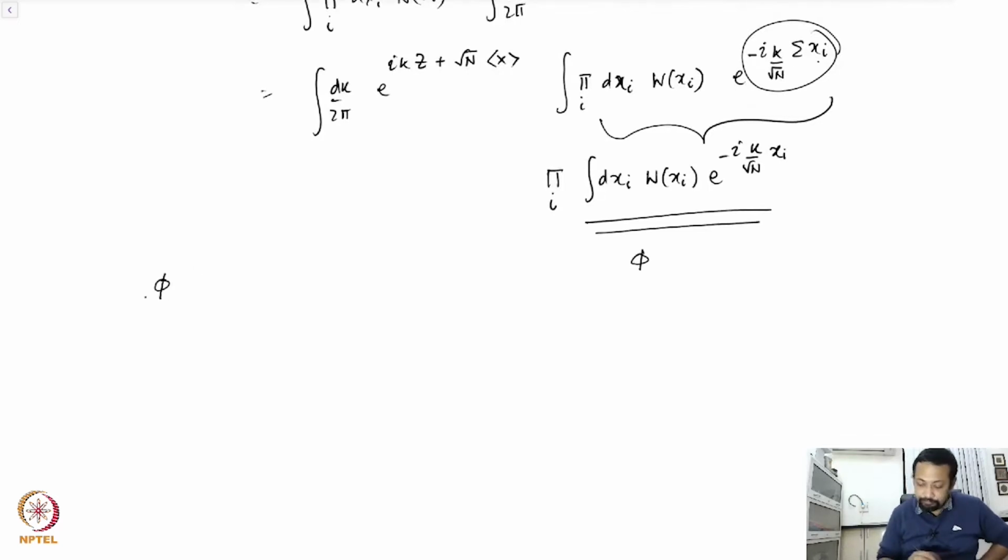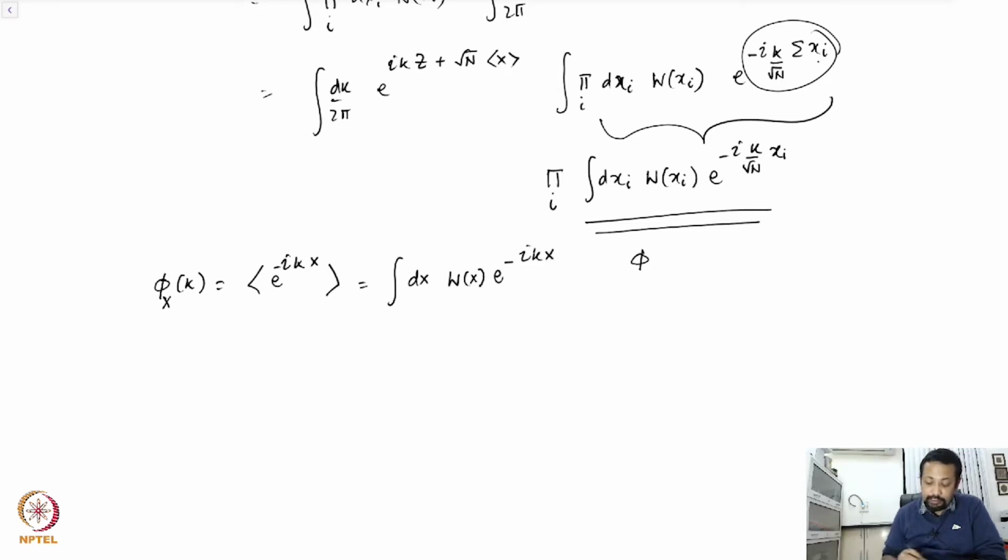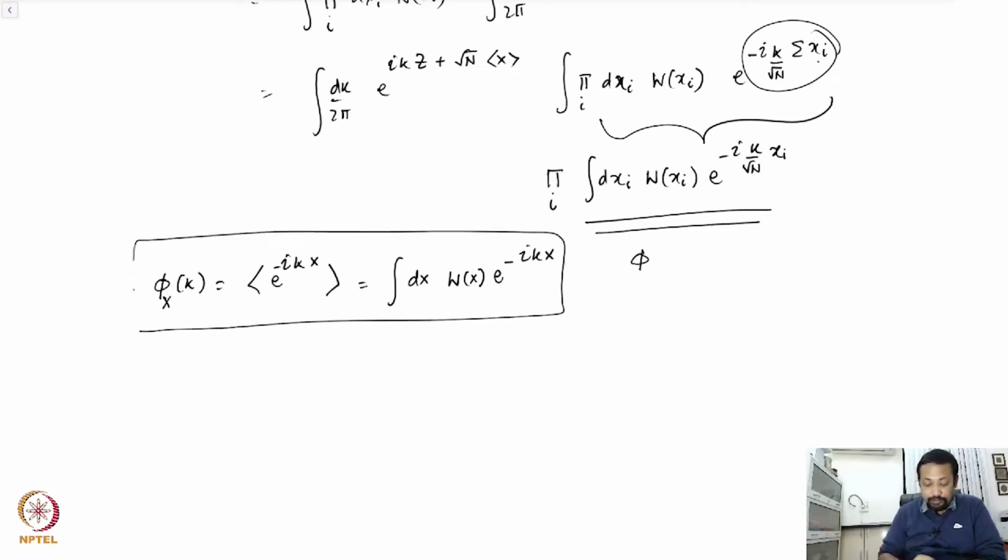So now, therefore, phi of k, the other way down, let's say. So phi of k is the average of e to the power ikx, which is the integration dx w(x) e to the power minus ikx, right?